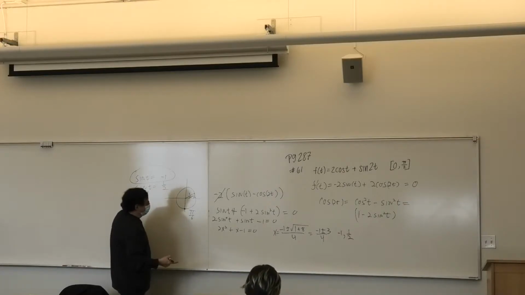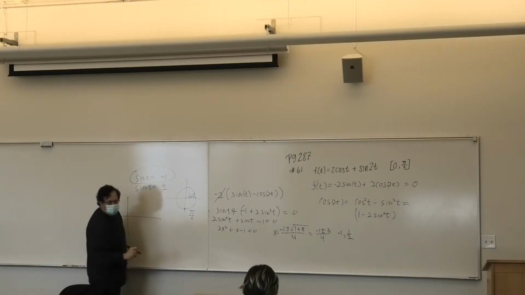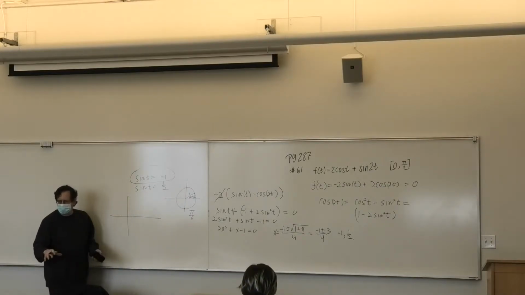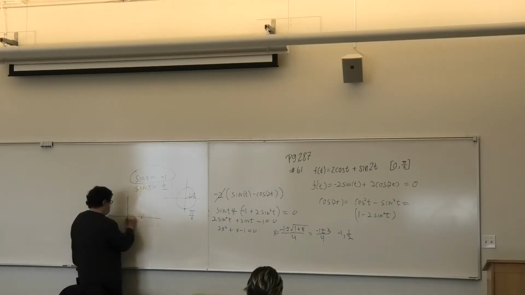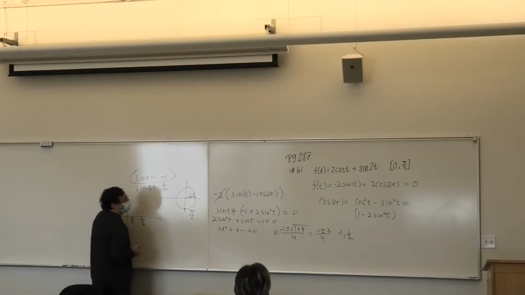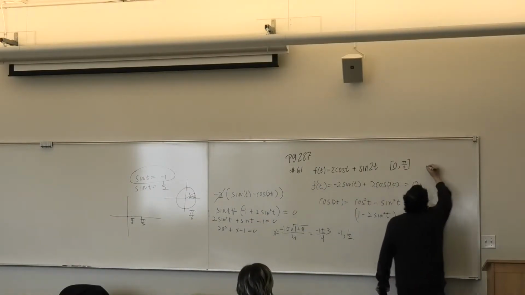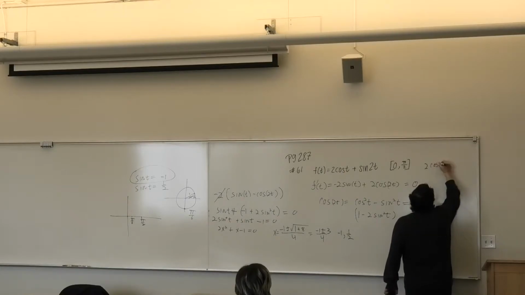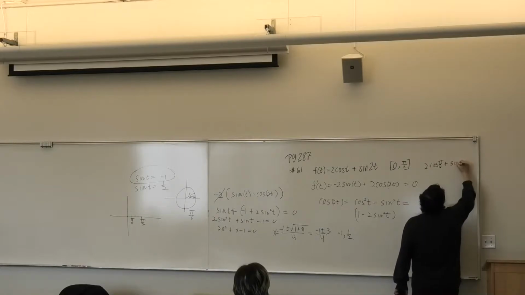So that tells us that whatever this thing looks like, it might be good to look on your calculator or on Desmos to see what it looks like, but we're between 0 and pi over 2, and at pi over 6, let's see what the value is. 2 cosine pi over 6 plus sine pi over 3.